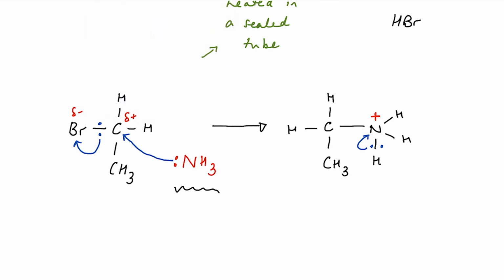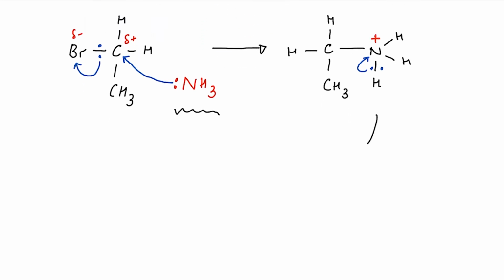And so our final product, we are going to have carbon, hydrogen, hydrogen, methyl, the NH2 group, plus, well, we've kicked out a bromine and we've kicked out a hydrogen ion. So HBr is our byproduct in this case. And cunningly, we can see that because of the way I've drawn it, I have actually inverted my product, even though it's not in 3D.